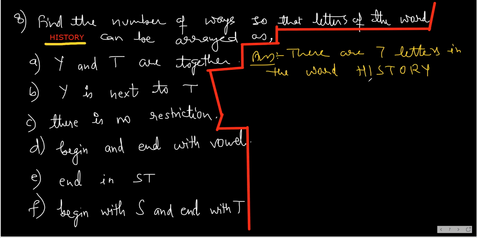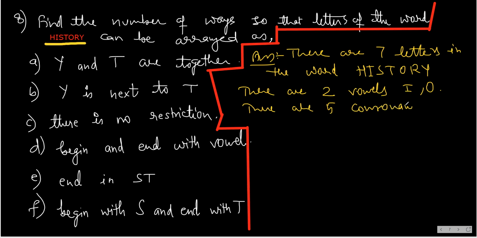Now in these 7 letters, how many vowels do we have? We have 2 vowels, I and O. There are 2 vowels, I, O. There are 5 consonants. Okay, now I go for answering the first one.